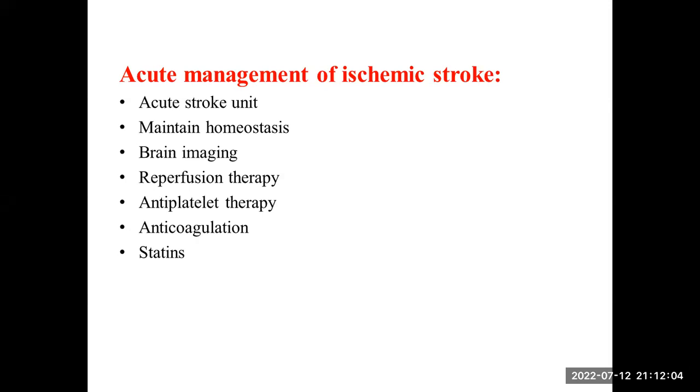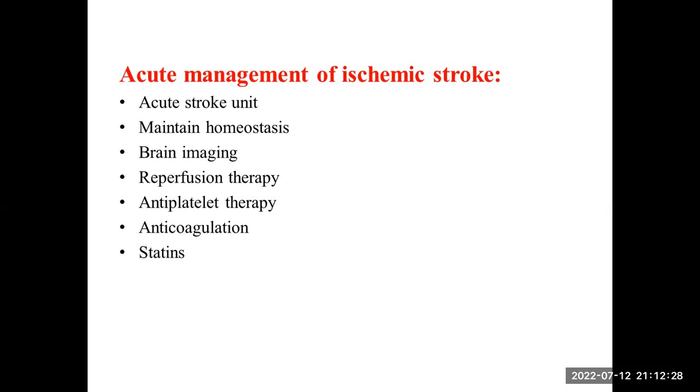The window, according to the NICE guidelines, is 4.5 hours. So your patient should present within 4.5 hours from the onset of stroke. If the patient is presenting beyond this window, then reperfusion therapy will not be considered, because this is an essential criteria which should be met.